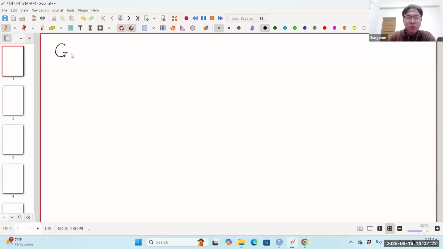So I want to introduce this graph. I'm going to call that G. And this G consists of vertices and edges. V here is called the vertices, and E is a set of edges.